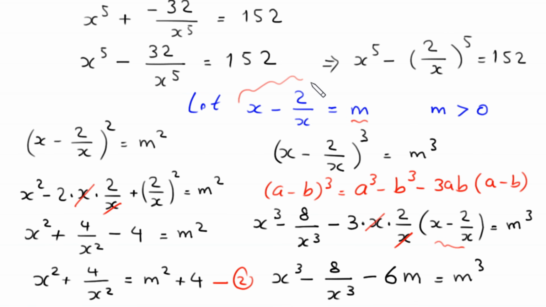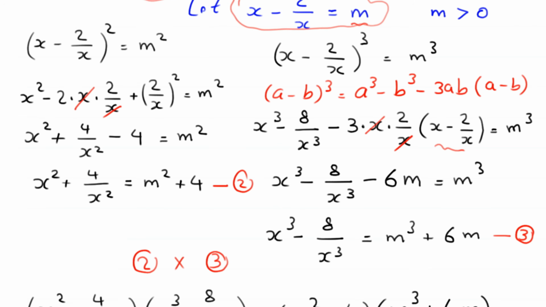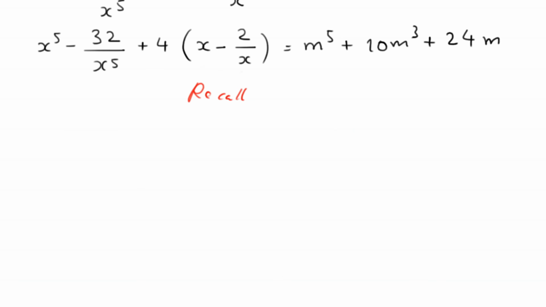Now recall that x minus 2 over x is equal to m, and x to the power 5 minus 32 over x to the power 5 is equal to 152.